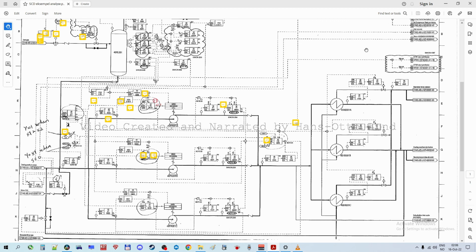Part 2, I will probably look more into the SCD part, where we can talk about how the signals are designed in the system, control-wise, more in detail. Okay, bye-bye.